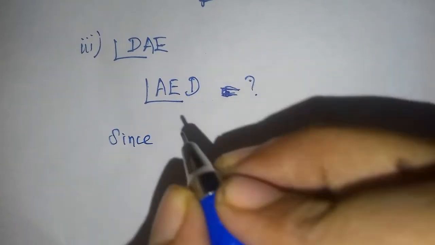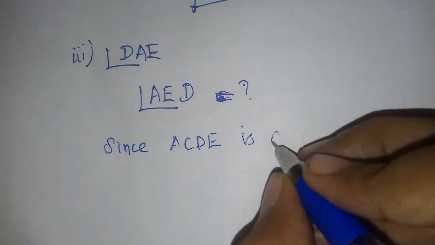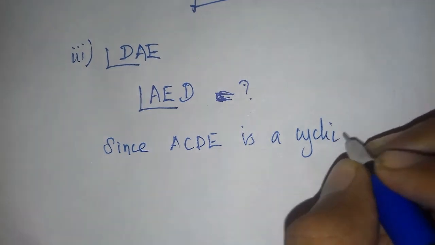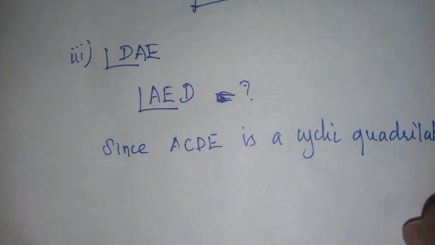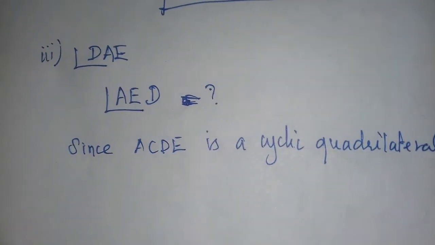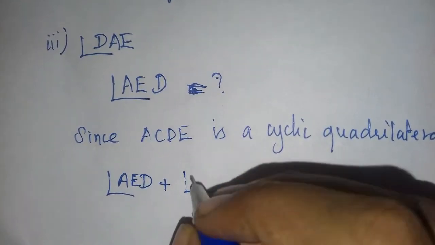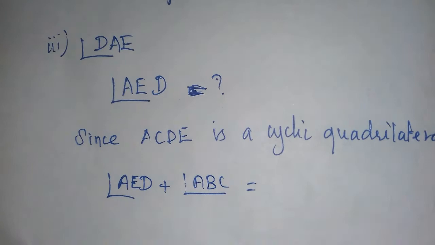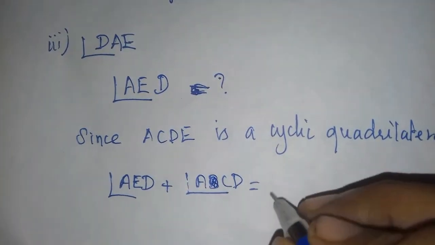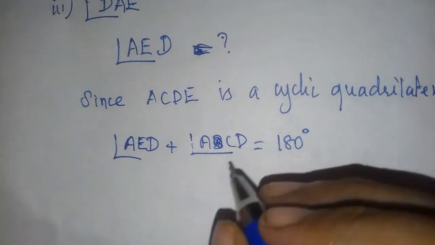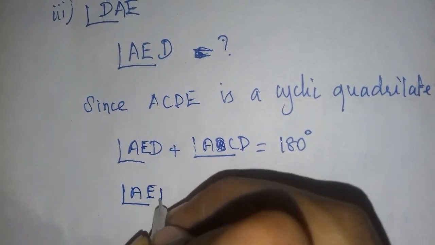Since ACDE is a cyclic quadrilateral, angle AED plus angle ACD is equal to 180 degrees. What is angle ACD? 55 degrees. This angle we have to find, angle AED.